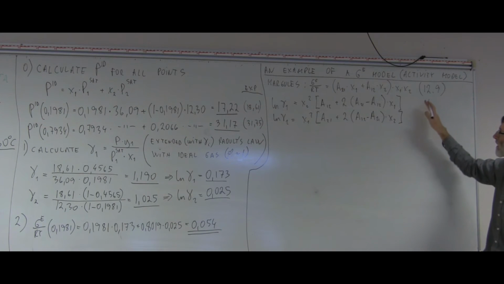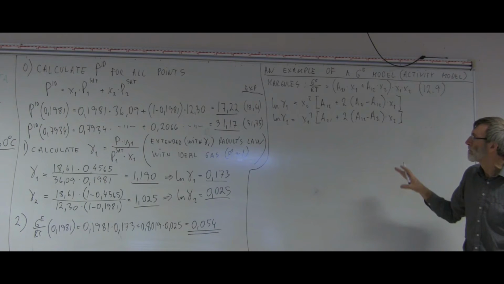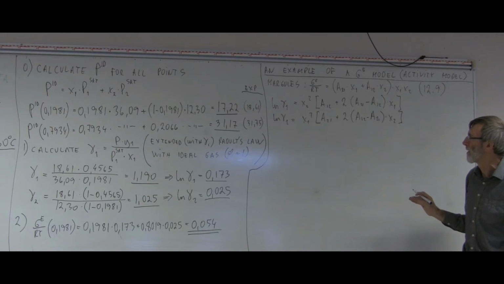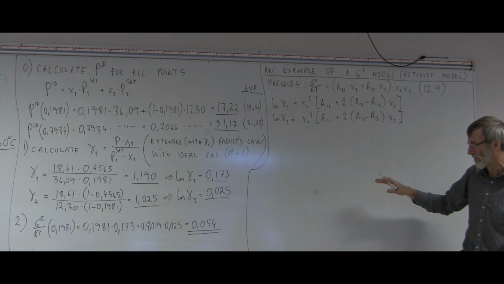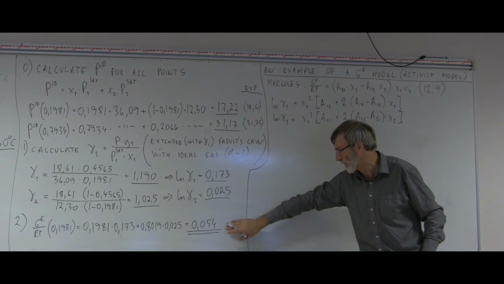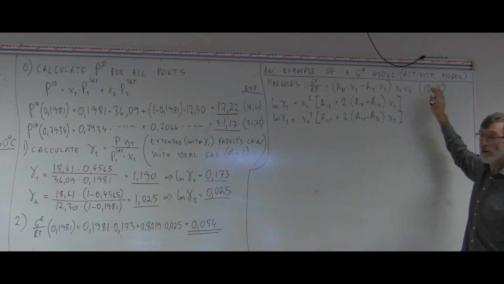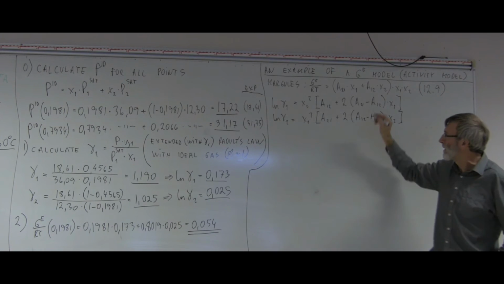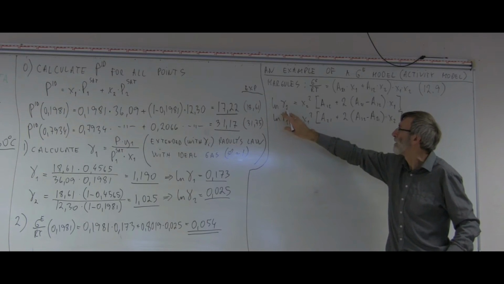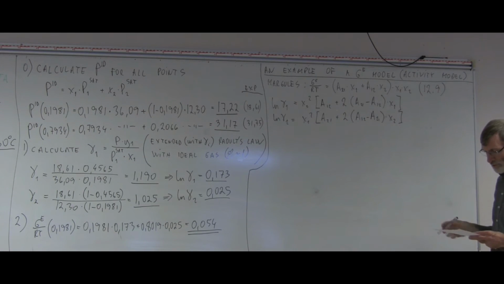So the Margules model is an example of a model that tries to express the G excess over RT as a function of composition. And in that case, the activity coefficients can be calculated using these equations.